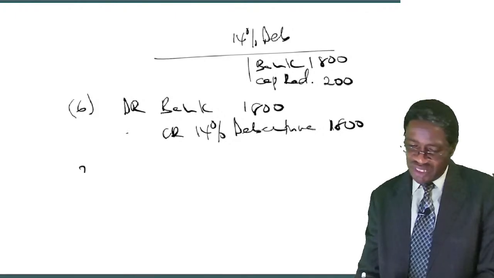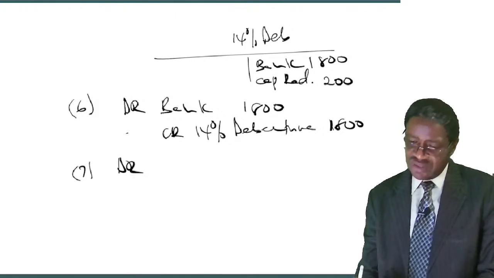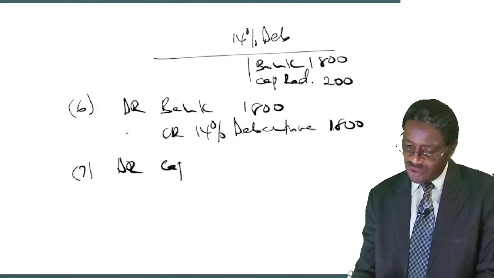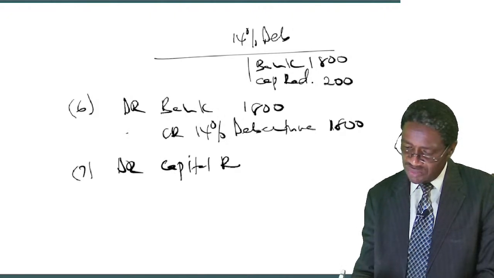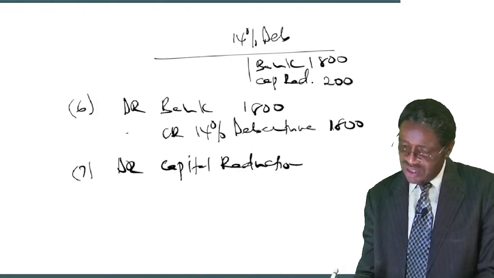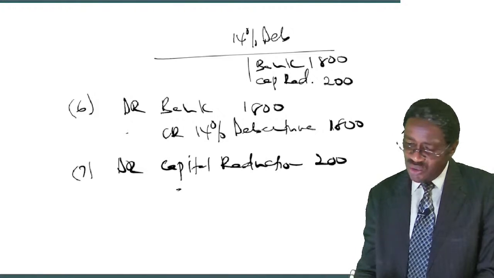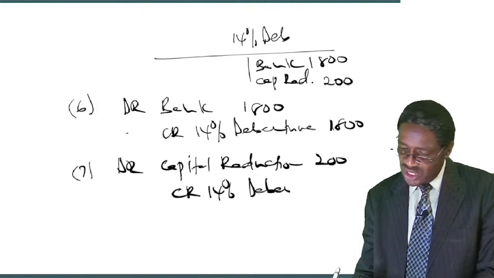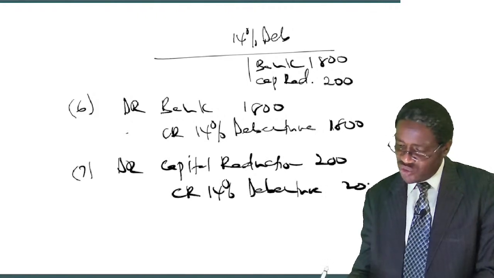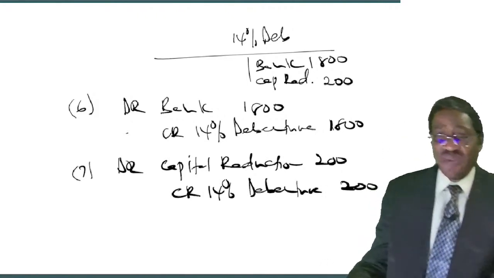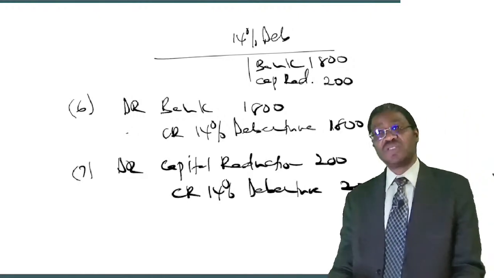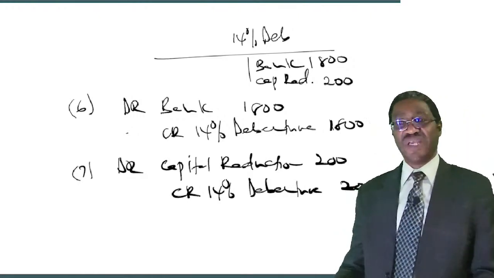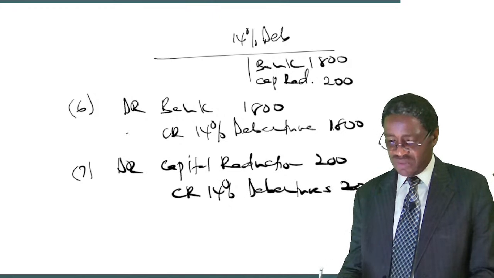Then, number 7, you debit capital reduction by 200 and you credit 14% debenture by 200. Debit capital reduction, credit 14% debentures by 200.